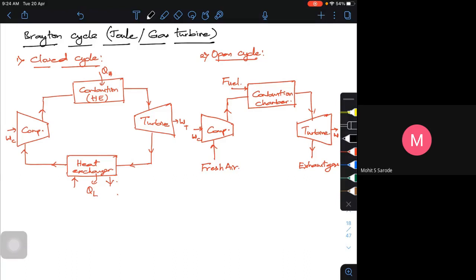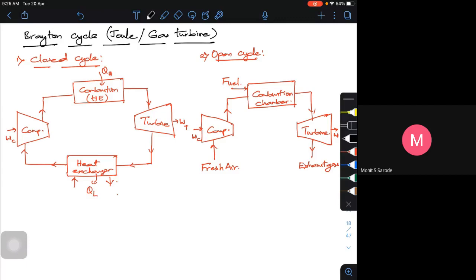But for an open cycle gas turbine, we take the atmospheric air, mix it with maybe aviation fuel, burn it, expand it in a turbine, and take it out through a nozzle so that I get further thrust and leave it to the atmosphere. So these two kinds of Brayton cycle will work.